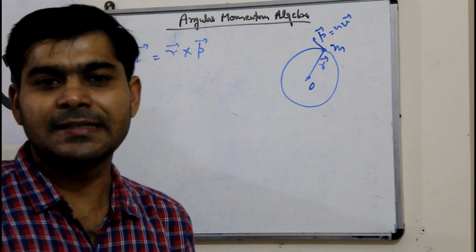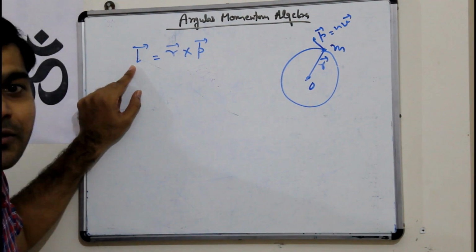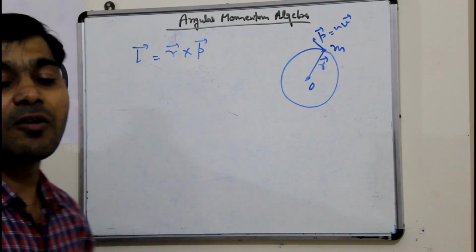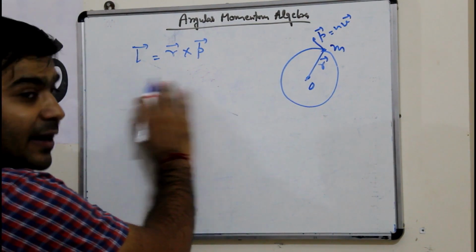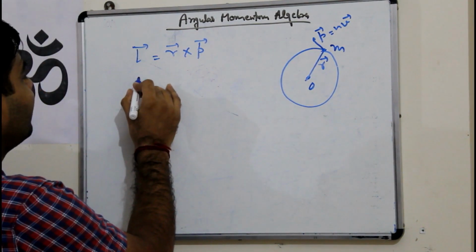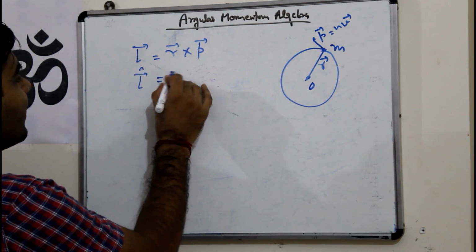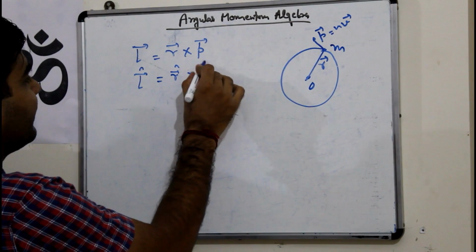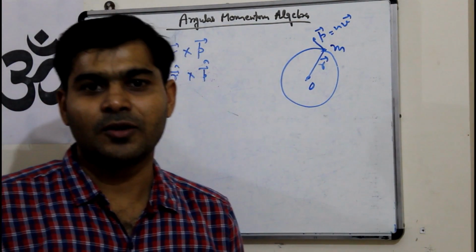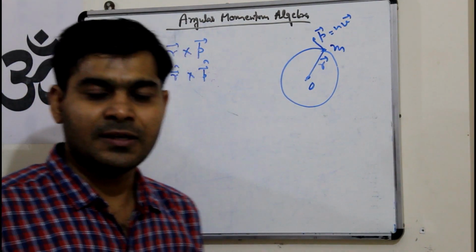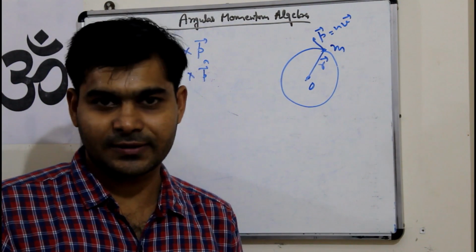The only difference is that in quantum mechanics, these classical vector quantities are replaced by the corresponding operators. For example, if I write this relation in quantum physics, I would write something like this, where I put these hats on L, R and P, which signify that these quantities are operators.